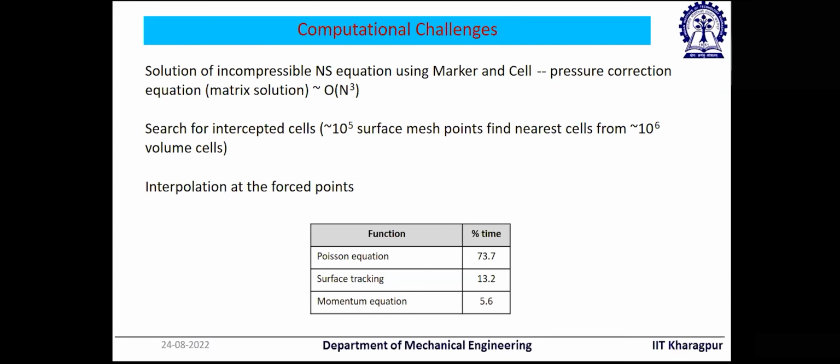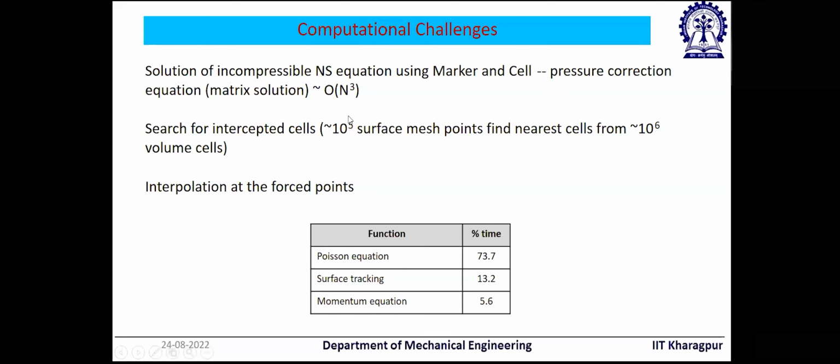Solution of the incompressible Navier-Stokes equation, which we are solving here using a marker and cell method, requires solution of a pressure correction equation, which is basically a matrix equation. If we have n grid points, the complexity of this problem is of the order of n cubed operational steps. So when we talk about large three-dimensional geometry with a few million meshes, the number of operations is very large.